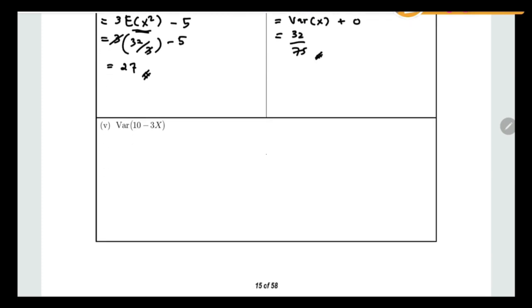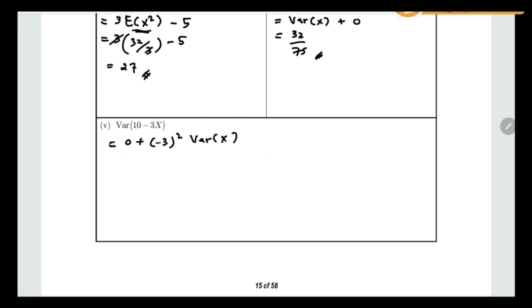And then lastly, we have to find the variance of 10 minus 3x. Applying the properties, it equals 0 plus negative 3 squared times the variance of x.